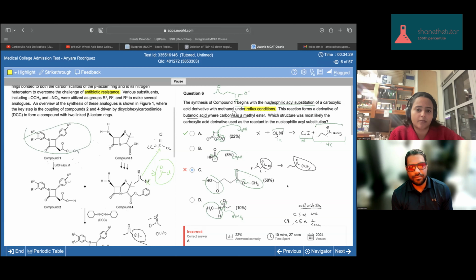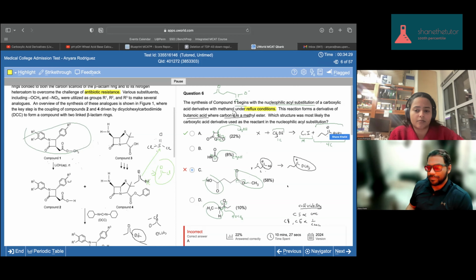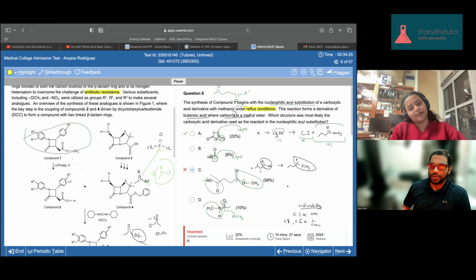So what choice here can, if you had methanol, can methanol nucleophilically attack to cause this to leave as a leaving group? That's where I would start.